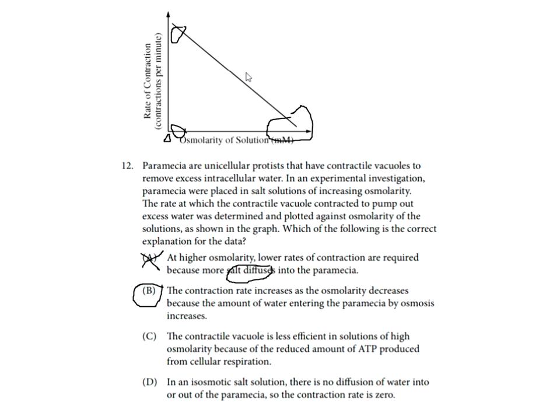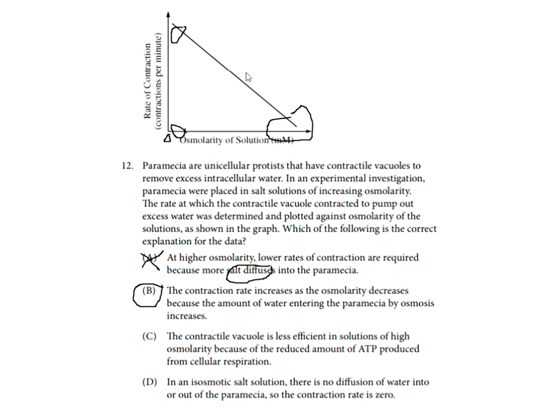So the lower osmolarity of the solution means that it's going to have less salt and more water. So the water is going to go in. And because it's going in so much, the contractions have to increase to get it out, because otherwise the paramecium will explode.